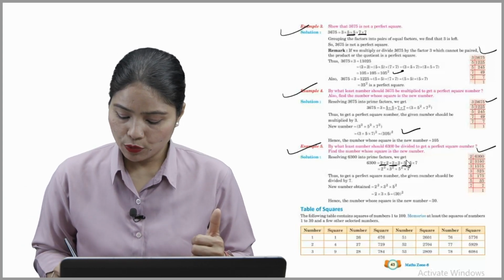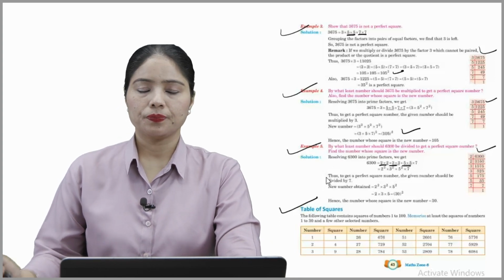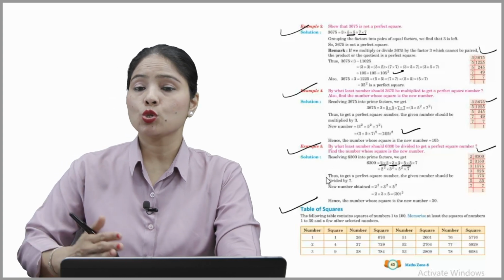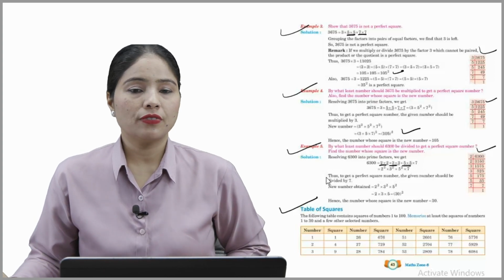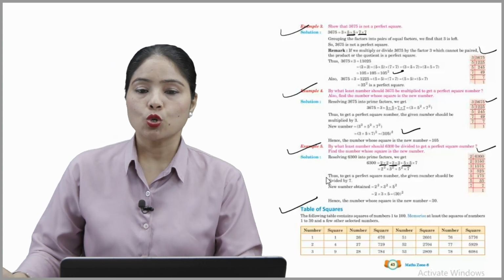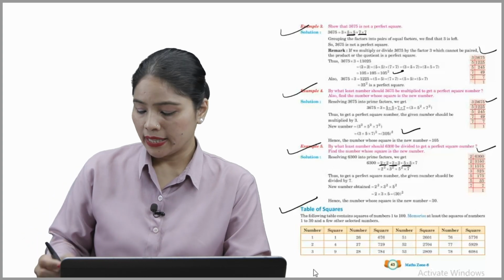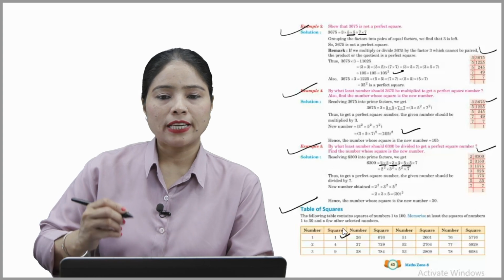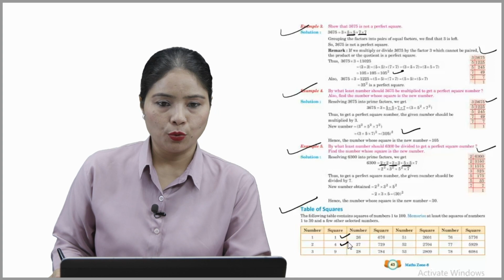So now move on, next one, which is table of squares. So the following table contains squares of numbers 1 to 100. Memorize at least the squares of numbers 1 to 30 and a few other selected numbers. So here it is a number 1 2 3. So 1 का स्क्वायर हमारा कितना होता है, 1. 2 का स्क्वायर, if we just multiply 2 with 2 same number, so स्क्वायर बन जाएगा 4.